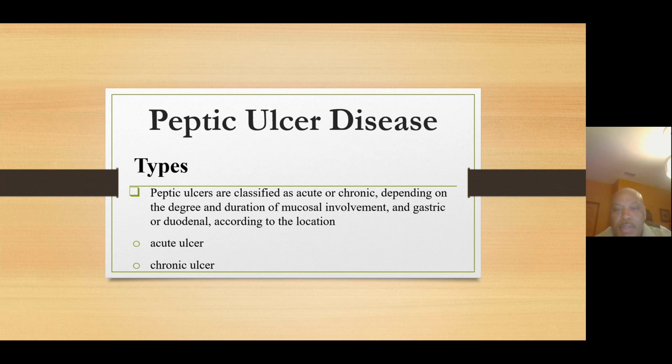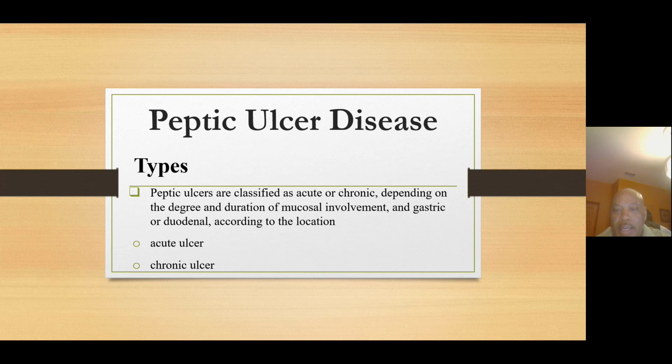Now, there are a couple of types of peptic ulcer disease, as you saw in the figure that I just demonstrated. Peptic ulcers are classified as acute or chronic, depending on the degree and the duration of mucosal involvement. And as you know, with chronic involvement, it goes all the way down to the muscularis, into the muscle portion of the stomach.